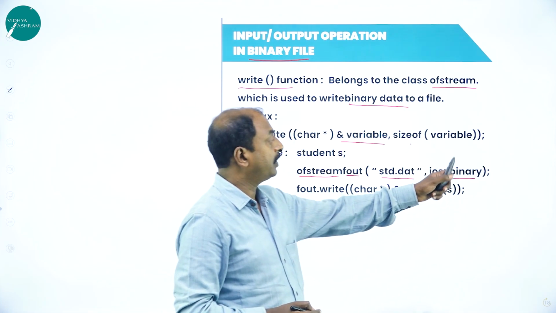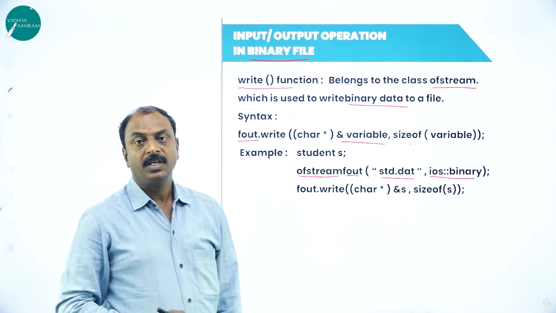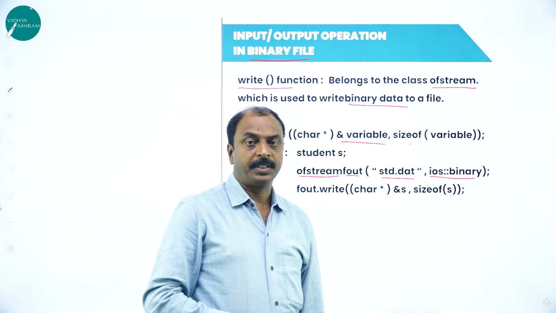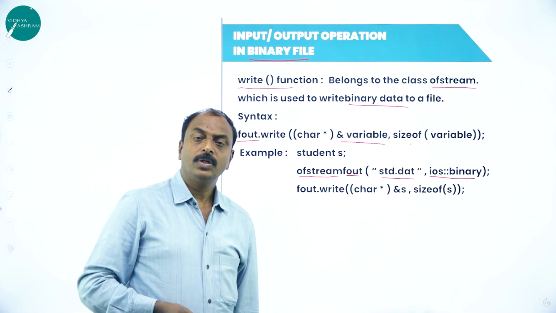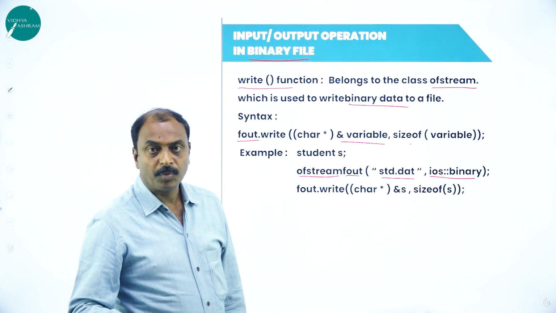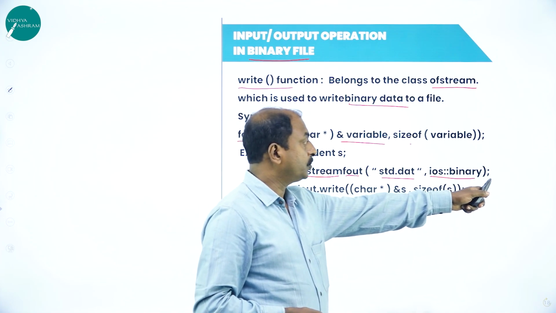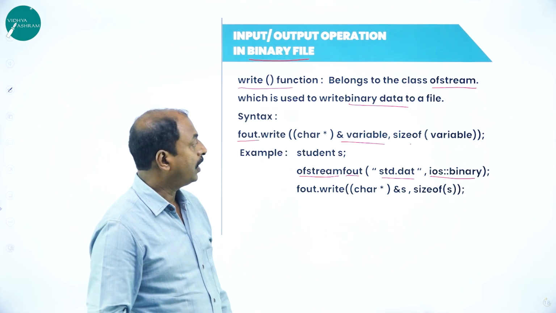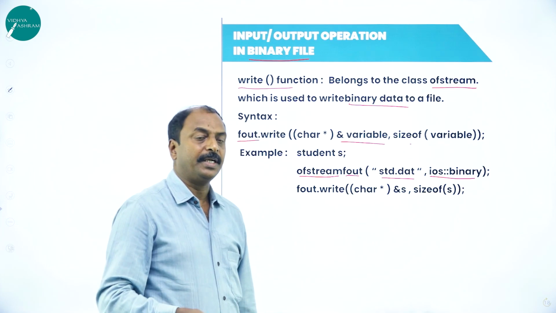This is what you have seen in our previous session: the different modes of file operation, that is in mode, out mode, append mode, and also binary mode. So here we are opening this file in binary mode to accept binary data.